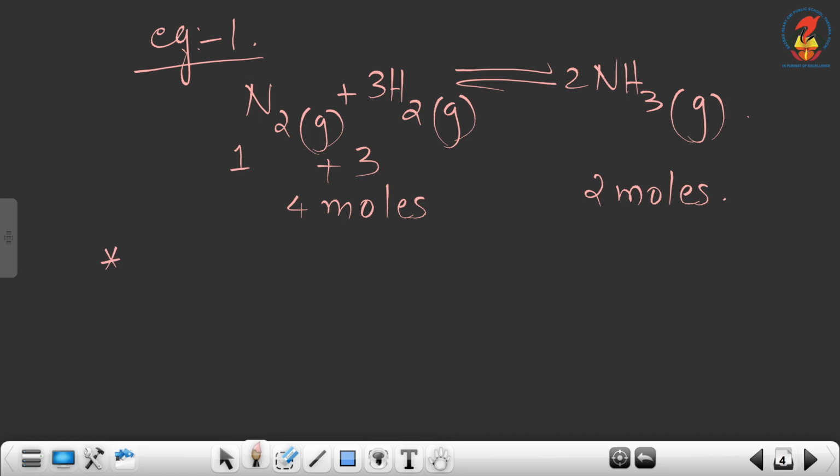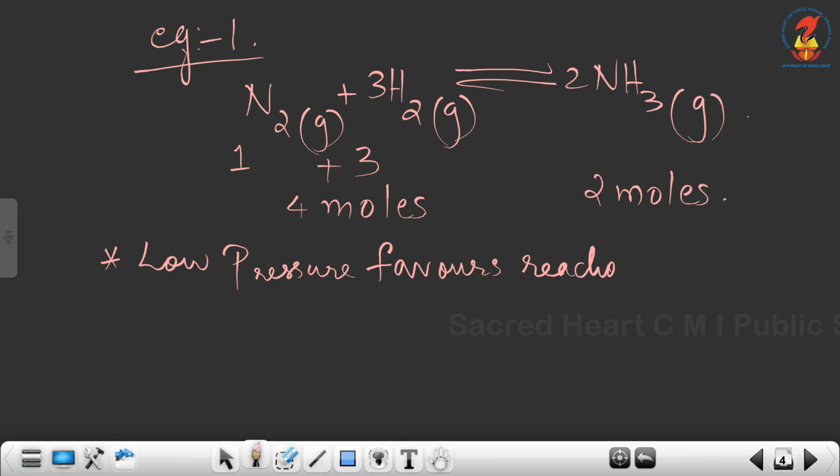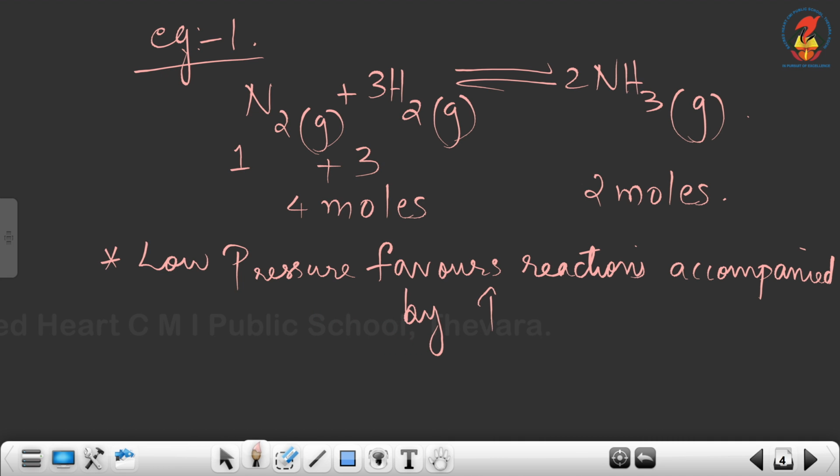Now I am going to write two important points. Low pressure favors reactions accompanied by increase in total number of moles.